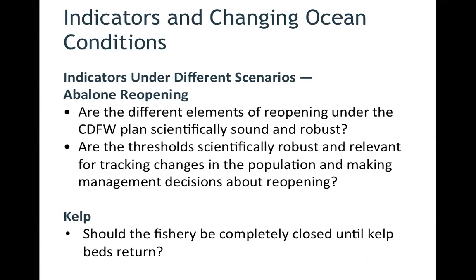Are the thresholds scientifically robust and relevant for tracking changes in the population and making management decisions about reopening? And Pete, I'll turn it over to you to talk about how you are thinking about reopening, whether that's inside the scope of your review or not.